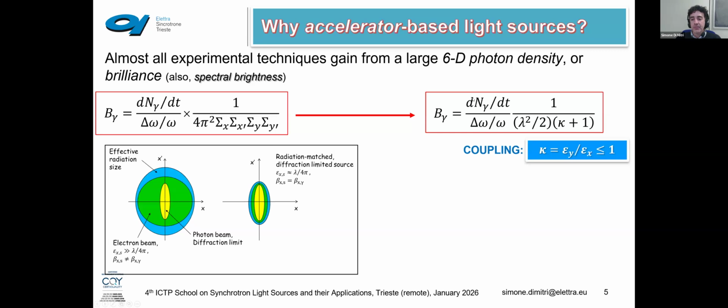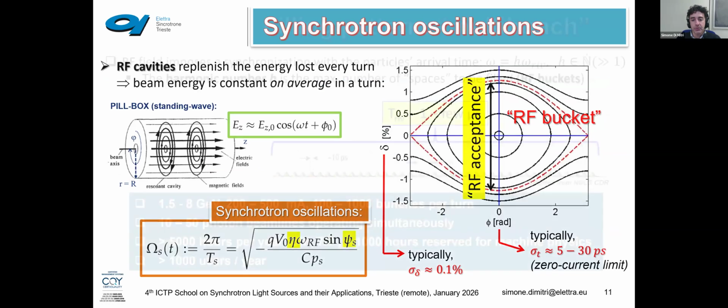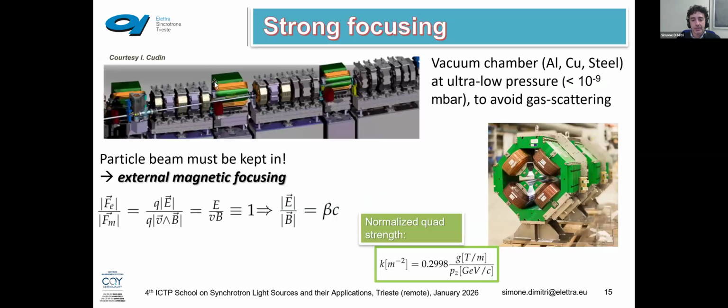Now, from the accelerator side, to maximize the spectral flux, what you can do is put as many electrons as you can in a bunch and maximize the number of bunches. There are physical constraints on the charge density in a bunch, related to the lifetime of the electron beam.